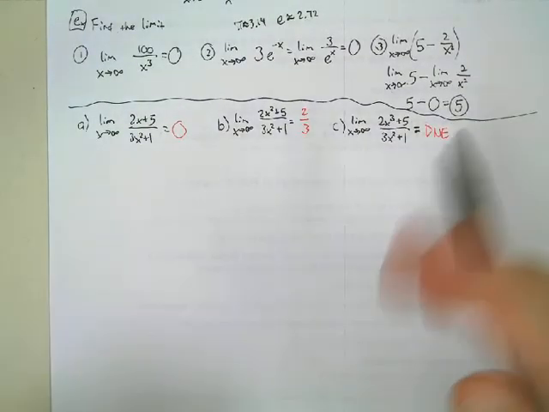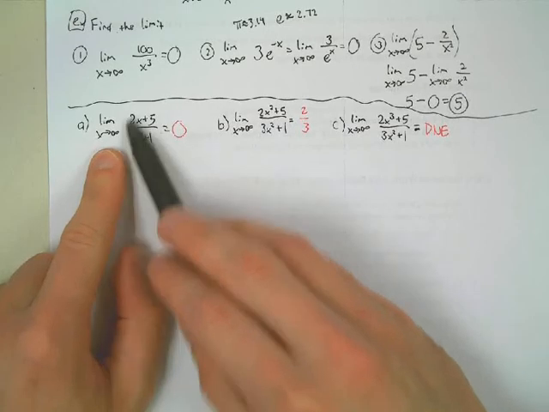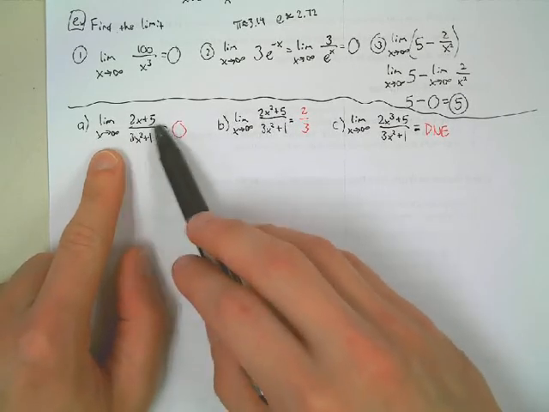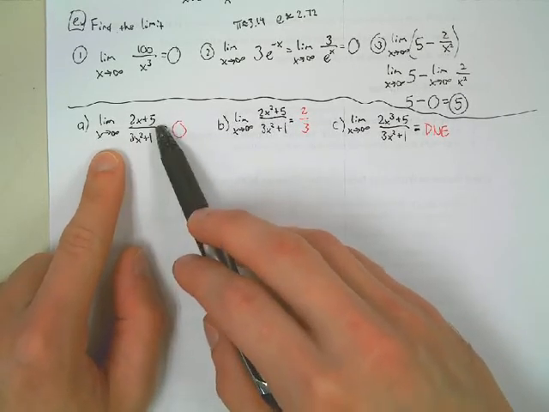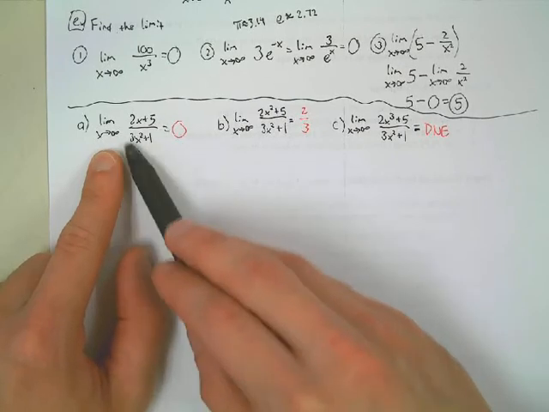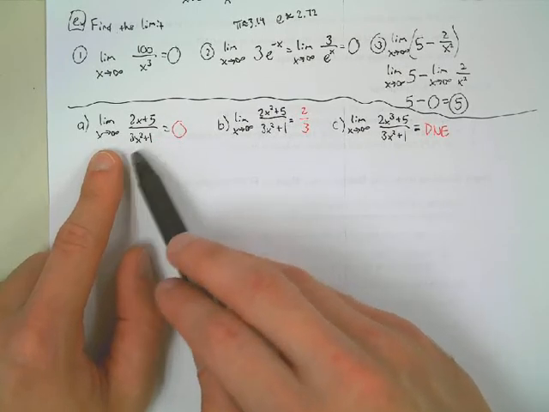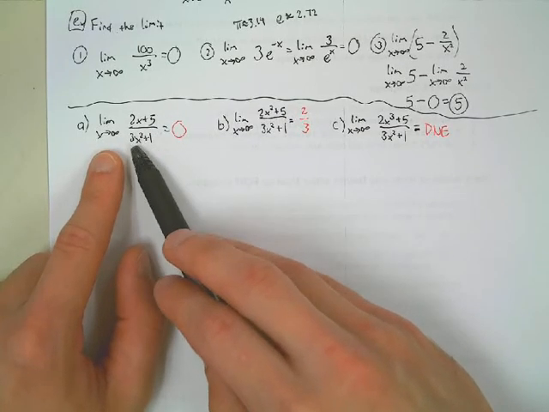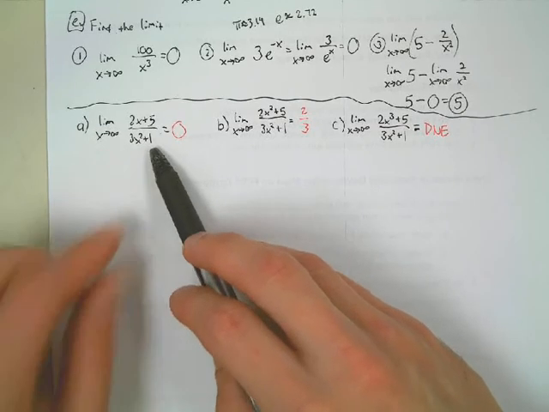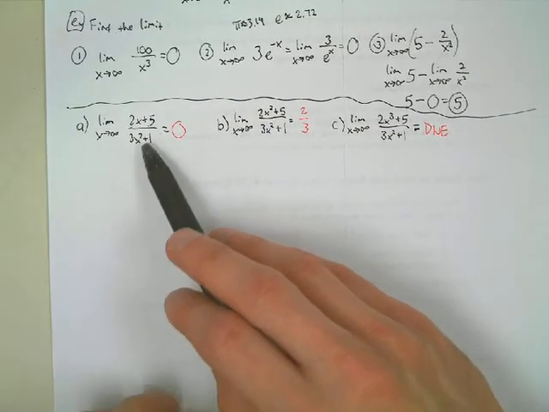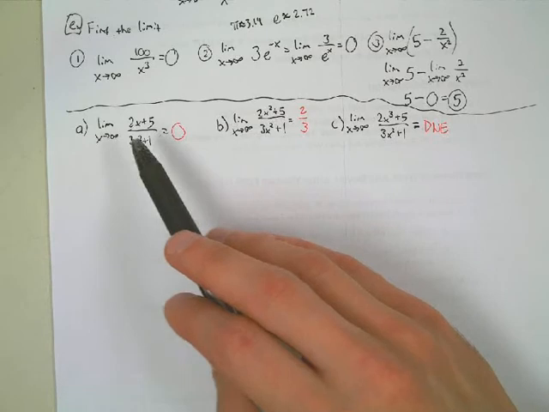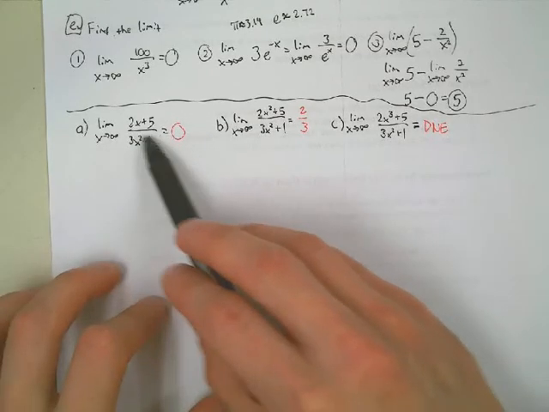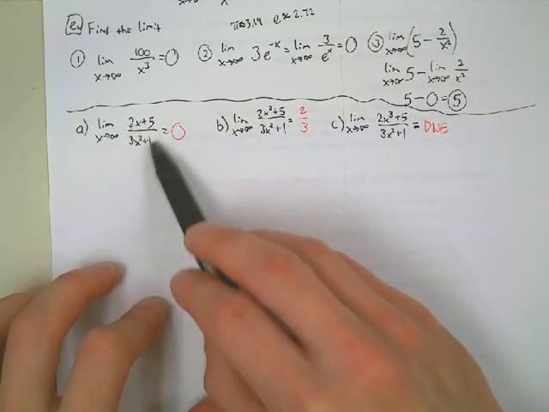In this first one, 2x plus 5 is going to get bigger slower than 3x squared plus 1. Why? Because we're taking infinity and squaring it. Yes, this is being multiplied by 3, and yes, we're adding 1, but those are negligible when comparing with the square term. So this denominator, since it gets bigger faster, will make this whole thing eventually go to 0.